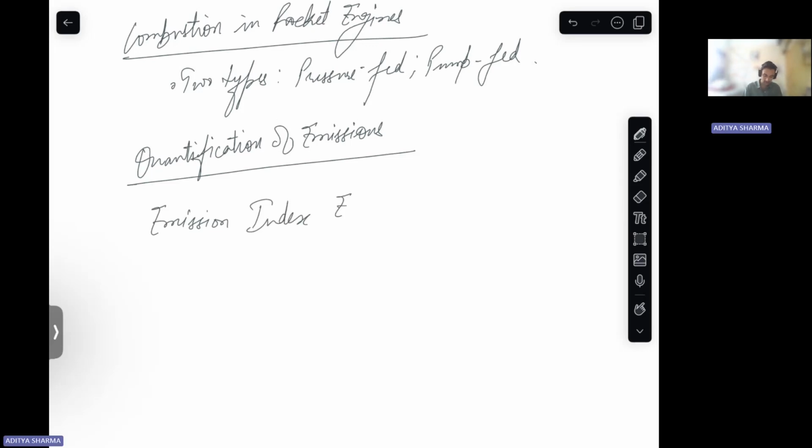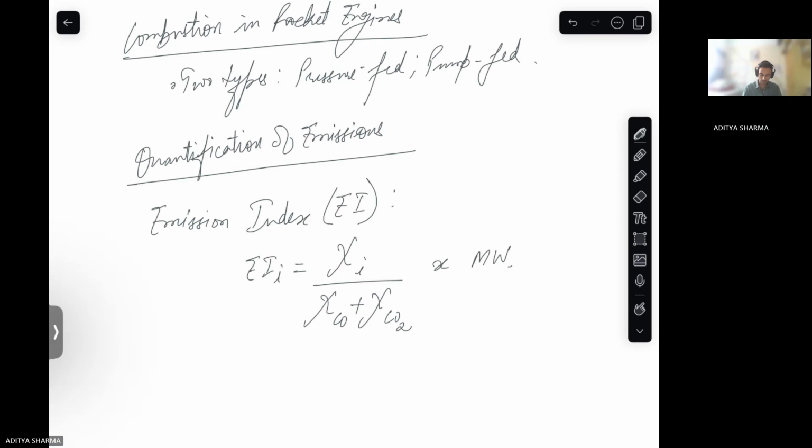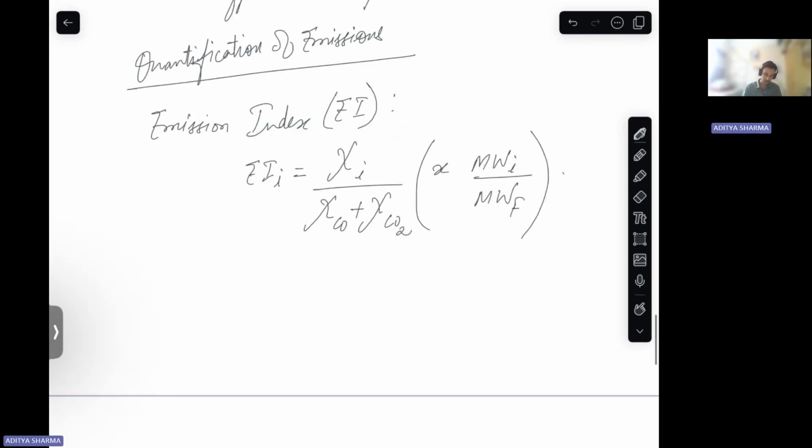It is one of the measures used to quantify emissions, for a particular species i, where the mole fraction of this species is compared with carbon monoxide and carbon dioxide, and we get this measurement.